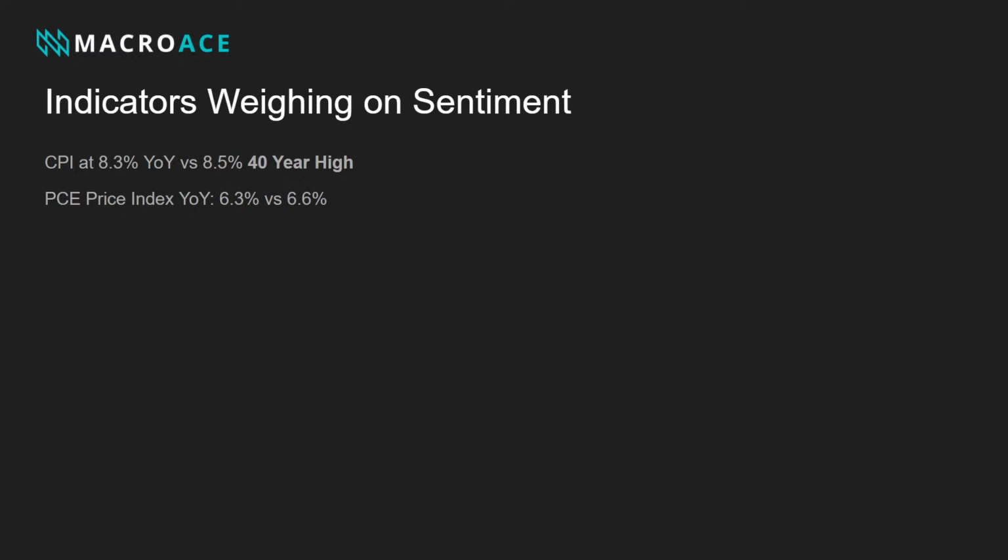So again, the PC price index year on year is one of the key measures of inflation that the Federal Reserve looks at. Okay? They don't look at the CPI index because the CPI has a fixed basket of goods that it measures, whereas the PC price index can kind of chop and change what you want to look at to get a true sense of where inflation is at the moment.